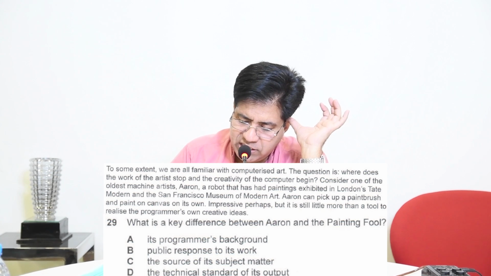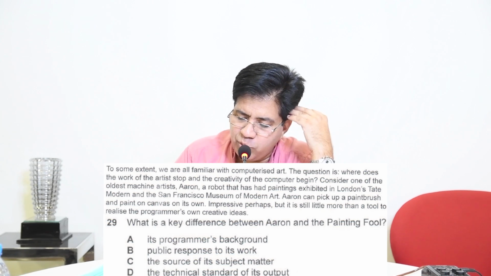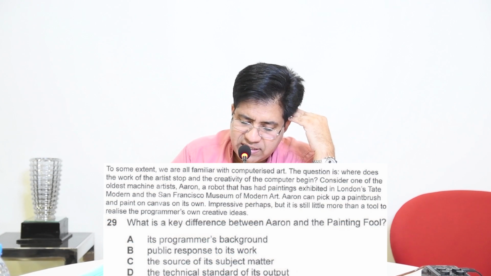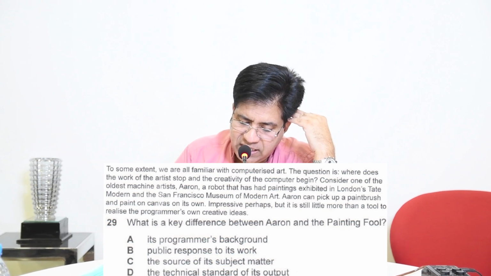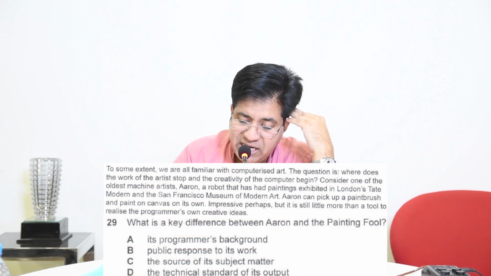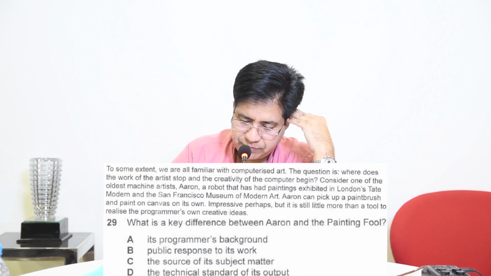Okay, they talk about Painting Fool. Simon Colton, the designer of Painting Fool, is keen to make sure his creation doesn't attract the same criticism. Unlike earlier artists such as Aaron, the Painting Fool only needs minimal direction and can come up with its own concepts by going online for material.